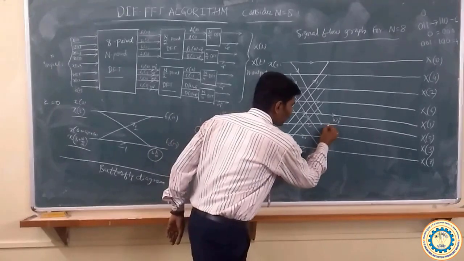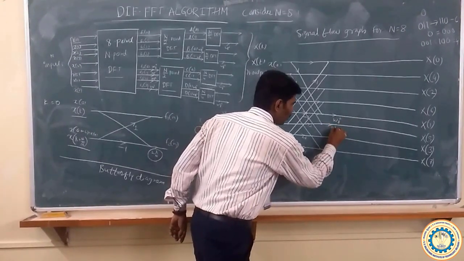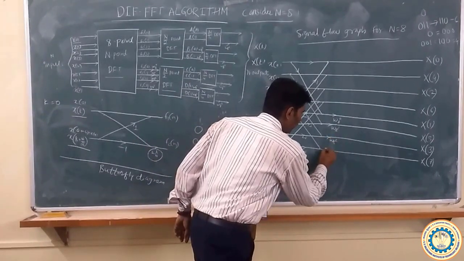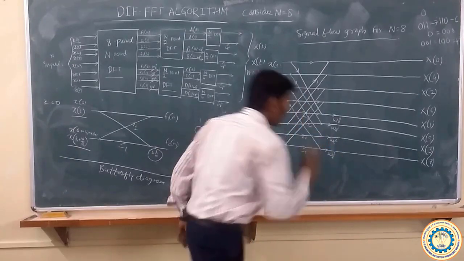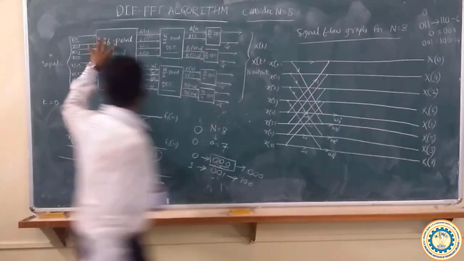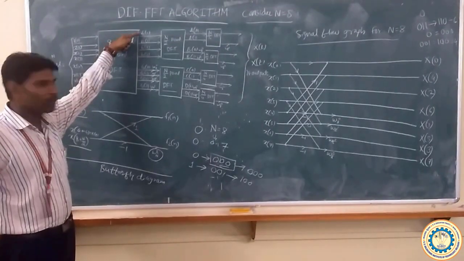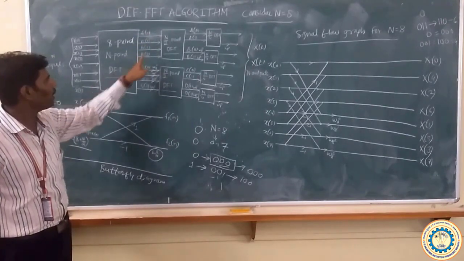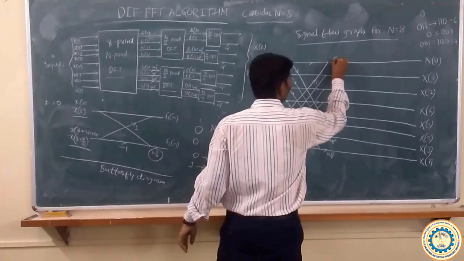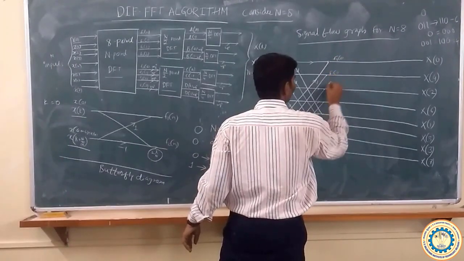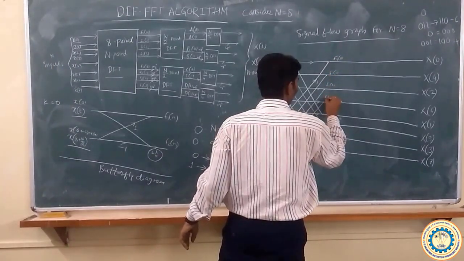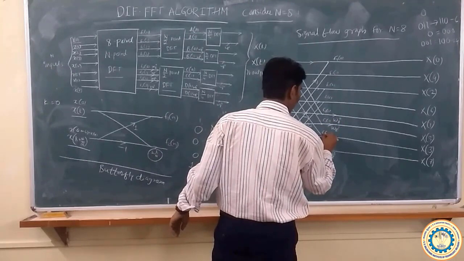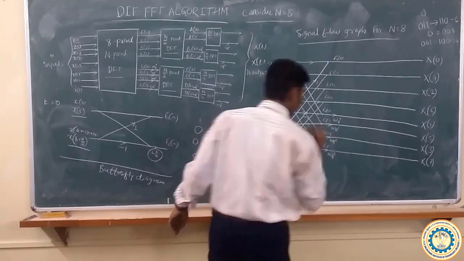And here the twiddle factors will be W8 raised to 0, W8 raised to 1 because k equal to 1, next W8 raised to 2, and for this the twiddle factor is W8 raised to 3. Assume the outputs of the first block are f1 of 0, f1 of 1, f1 of 2 and f1 of 3, and for the second block f2 of 0, f2 of 1, f2 of 2 and f2 of 3.